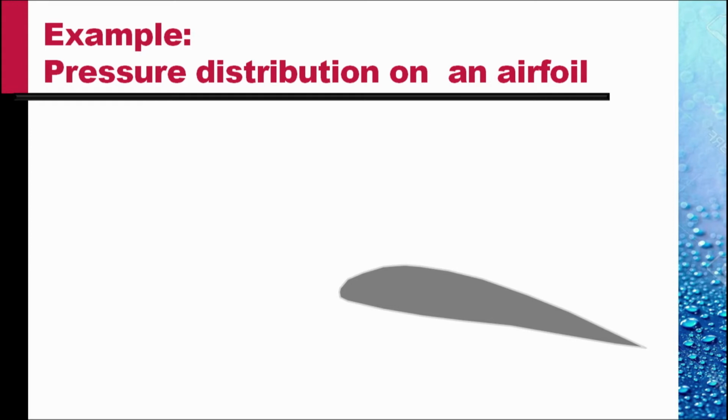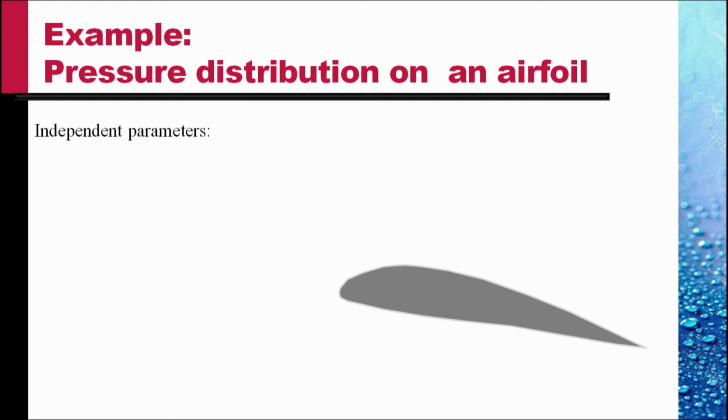Let's take, for example, the problem of finding the pressure distribution on an airfoil, from which we want to know what is the lift that will be experienced by this airfoil when it is in flight in an atmosphere.